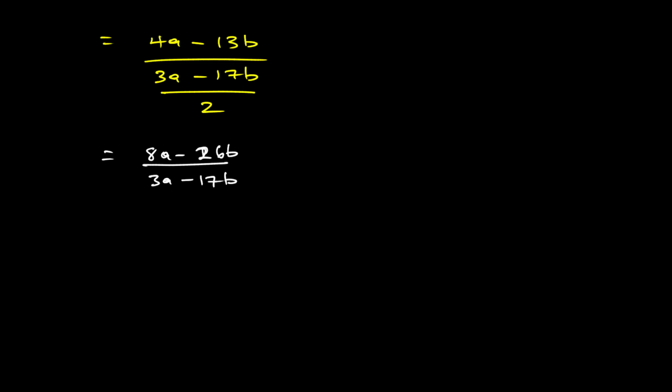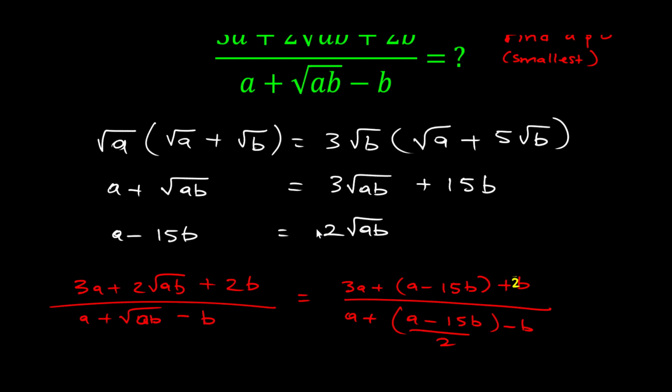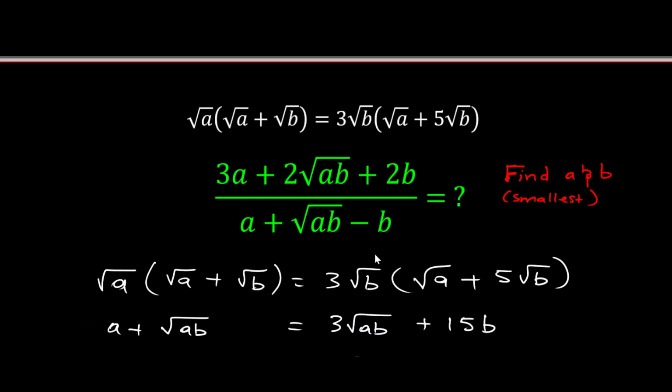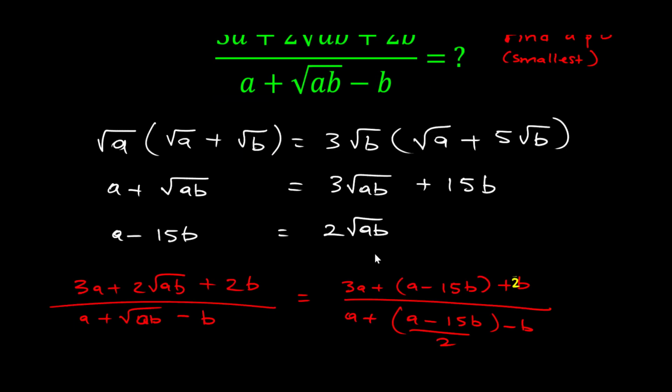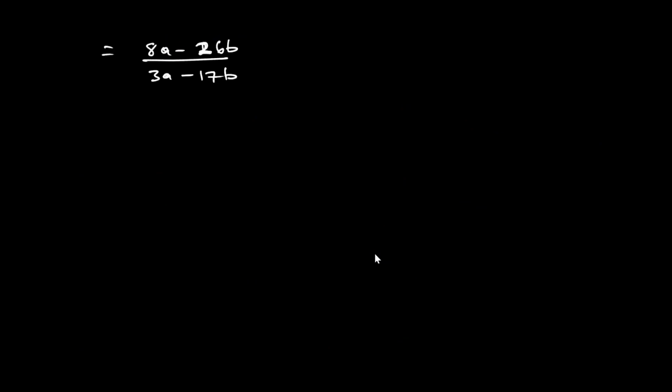Now this would be our answer simplified, but the question did not just ask us to simplify the expression. It asked us to find the smallest possible values for a and b which would make this equation true. So I'm going to rewrite the original equation, and the only way to do this is by trial and error. Root a times, and we're going to prove if these are our correct answers.